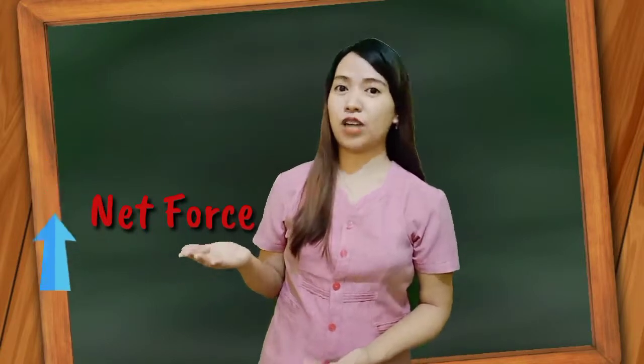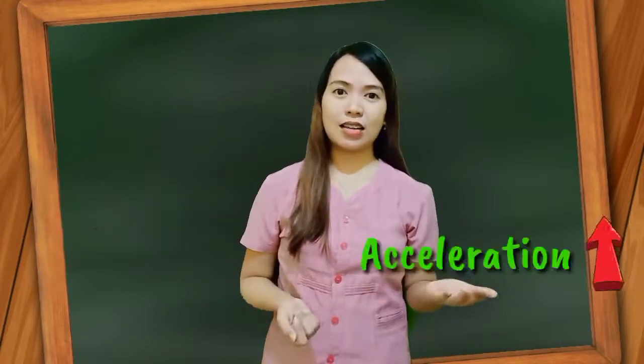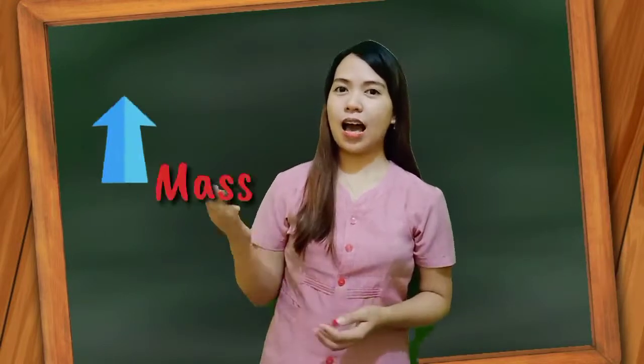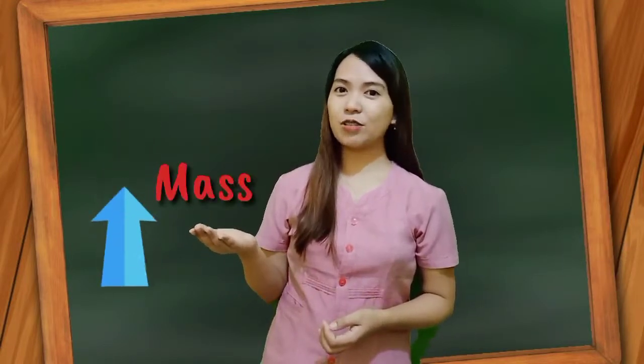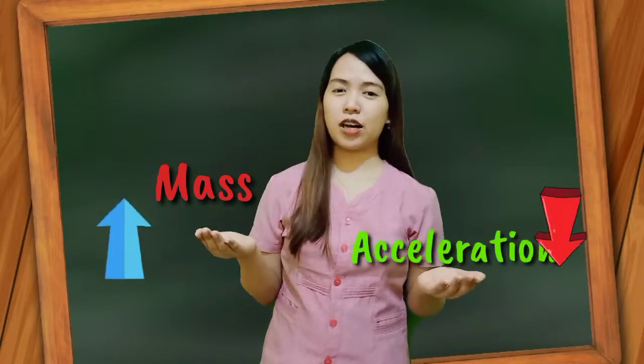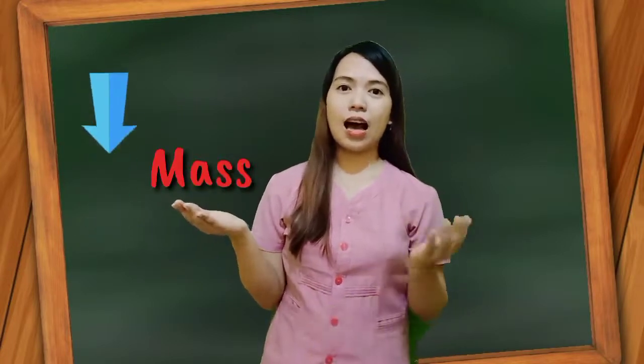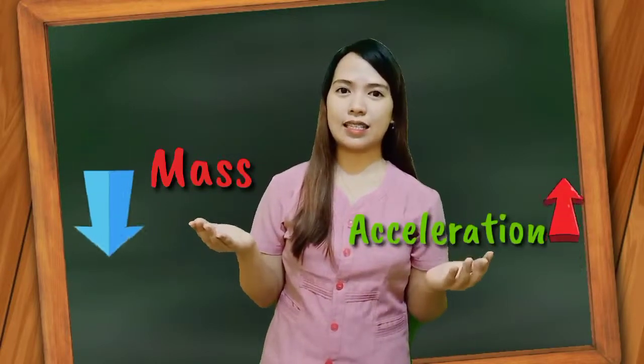In simpler terms, as the net force applied on an object increases, its acceleration also increases. On the contrary, as the mass of an object increases, its acceleration decreases. On the other hand, if its mass decreases, acceleration increases.